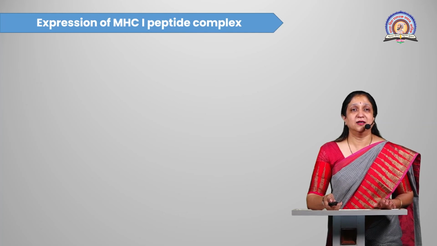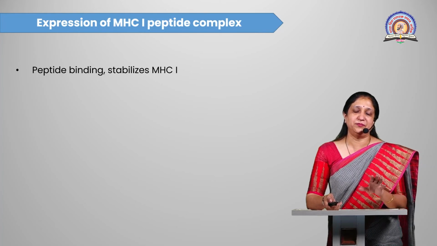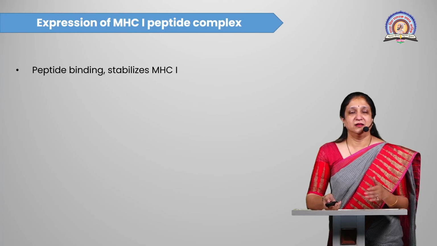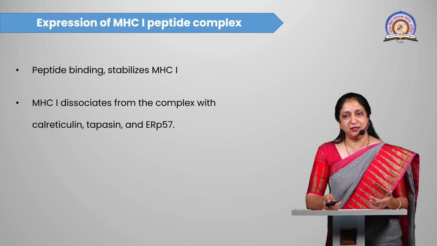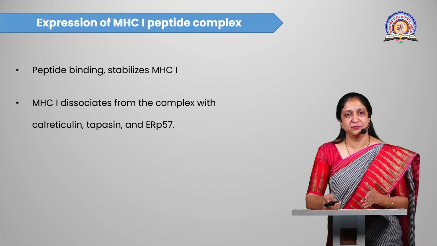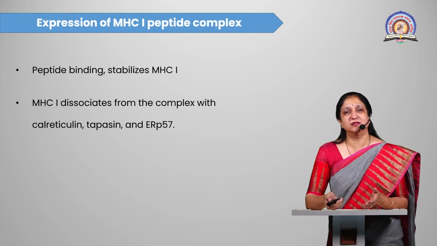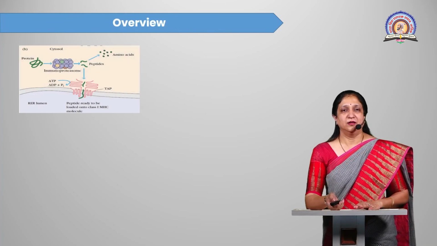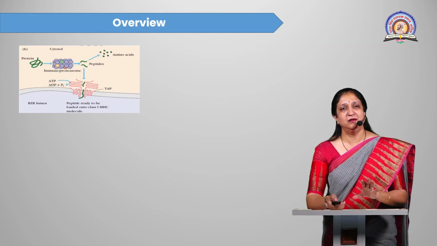So, once the complete formation of the class 1 MHC peptide complex occurs, it leaves the endoplasmic reticulum, and via the Golgi complex, it is transported and expressed on the surface of the antigen presenting target cell. Now let us see the overview, the entire process in the figure.